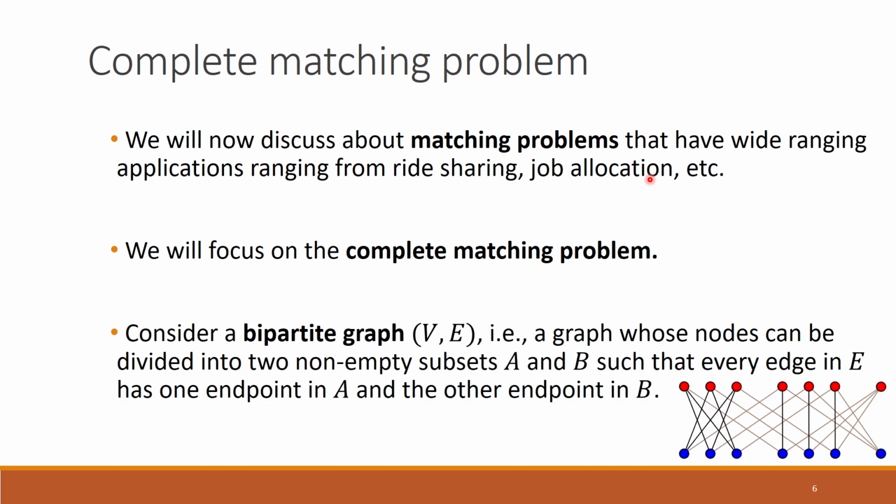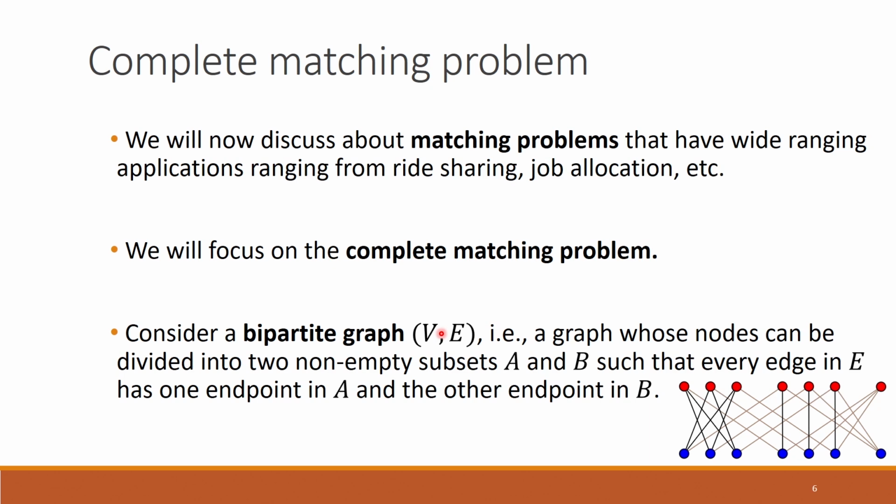So, let us look at an important kind of graph before discussing this matching problem. A bipartite graph is a graph where we first have the set of nodes which is given by V and the set of edges which is given by E here, and this graph can be divided into two non-empty subsets A and B. Okay.